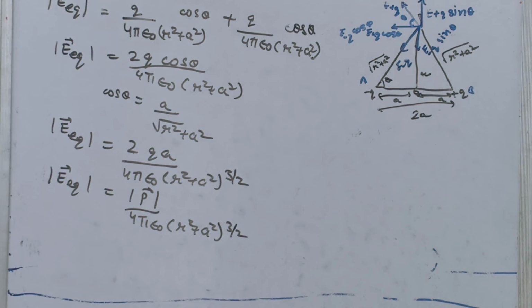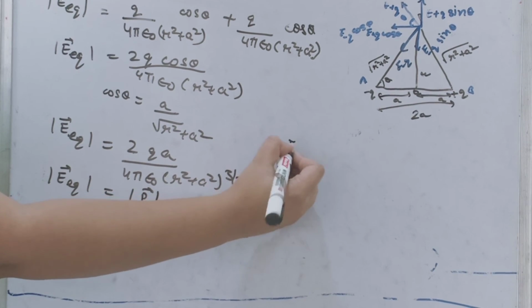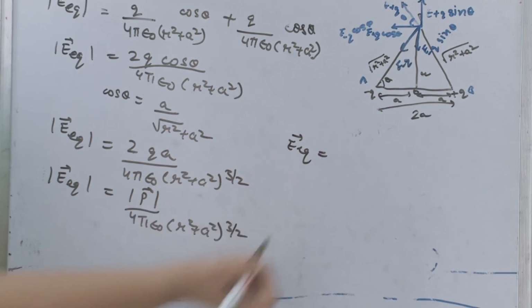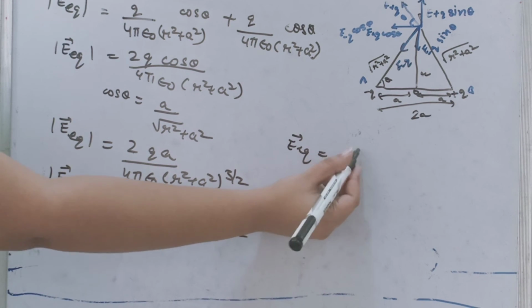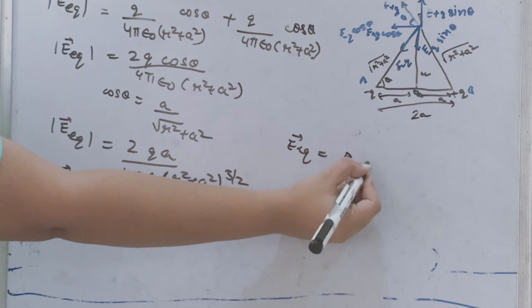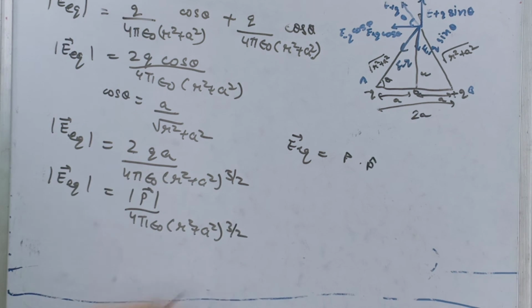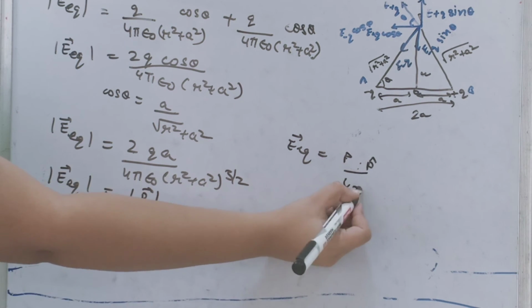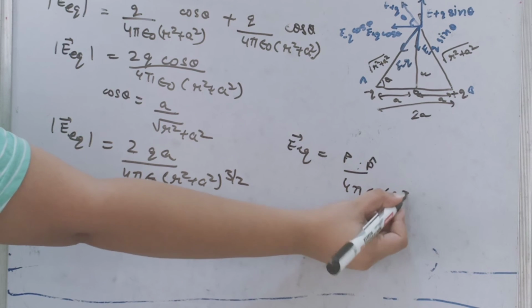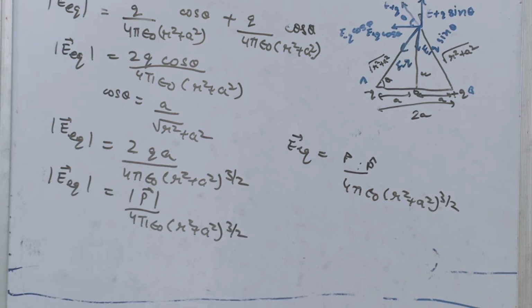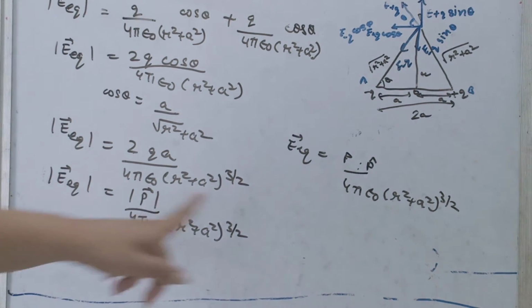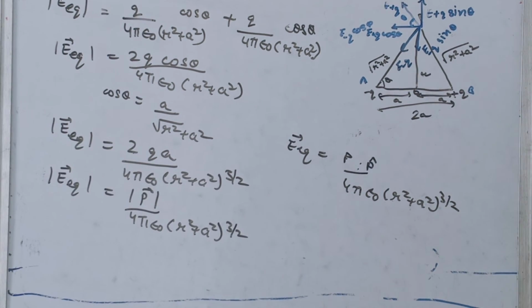And in the vector form, we'll just multiply it with the unit vector, and E equatorial in the vector form will be equal to either p vector, or magnitude of p into p unit vector, upon 4 pi epsilon naught (r square plus a square) raised to power 3 by 2. Fine. So this is the formula for the electric field if our point is located at the equatorial position.